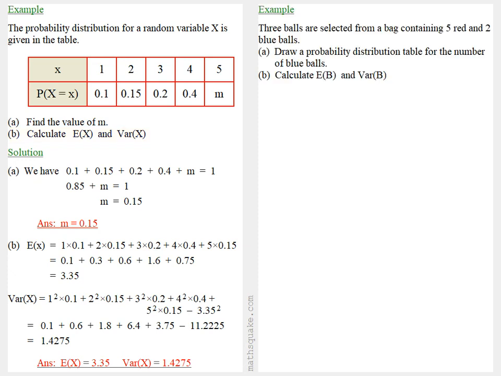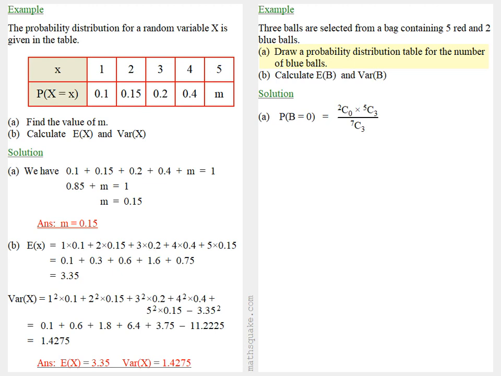In the second example, 3 balls are selected from a bag containing 5 red and 2 blue balls. Now in part A, we're asked to draw a probability distribution table for the number of blue balls. Well, if there are no blue balls, we're selecting no blue balls out of 2 and 3 red balls out of 5.